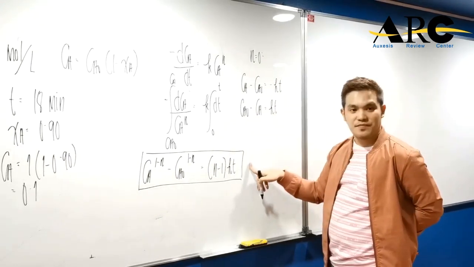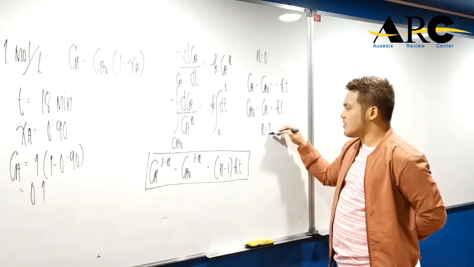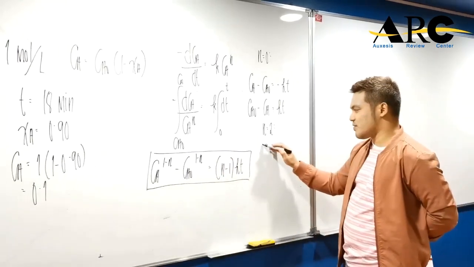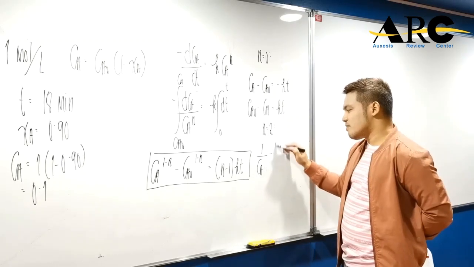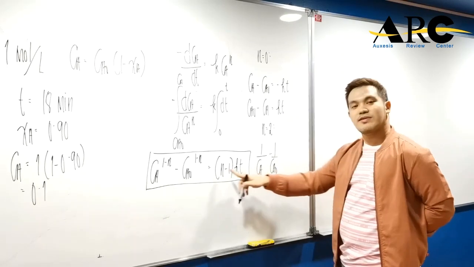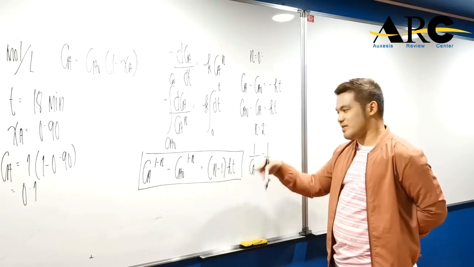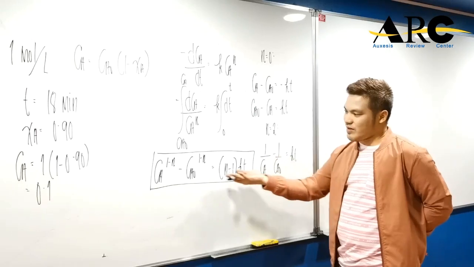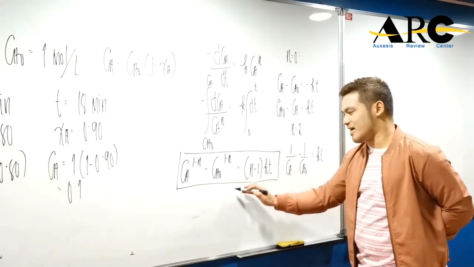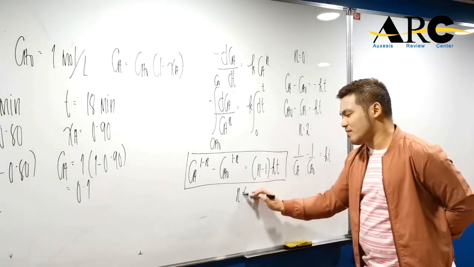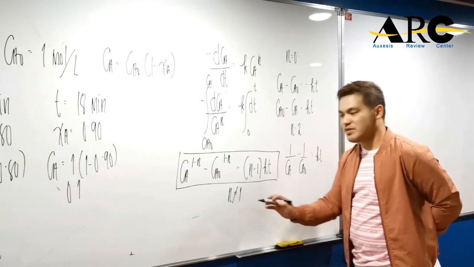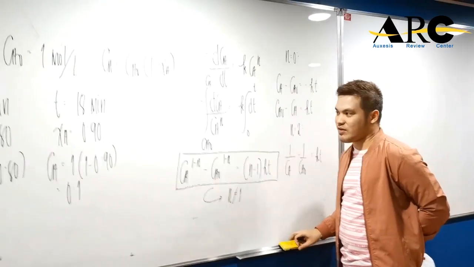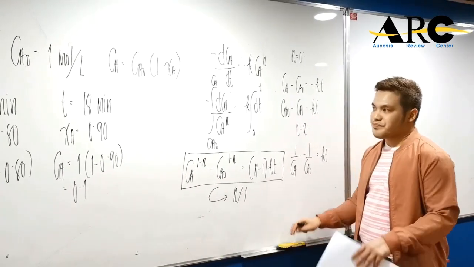If n is equal to 2, 1 minus 2 is negative 1. So, we have 1 over Ca minus 1 over CaO, and n minus 1, 2 minus 1 is 1, equals Kt. Kita naman natin, applicable ito sa lahat, maliban kapag n ay equal sa 1. This equation is valid for all n not equal to 1.